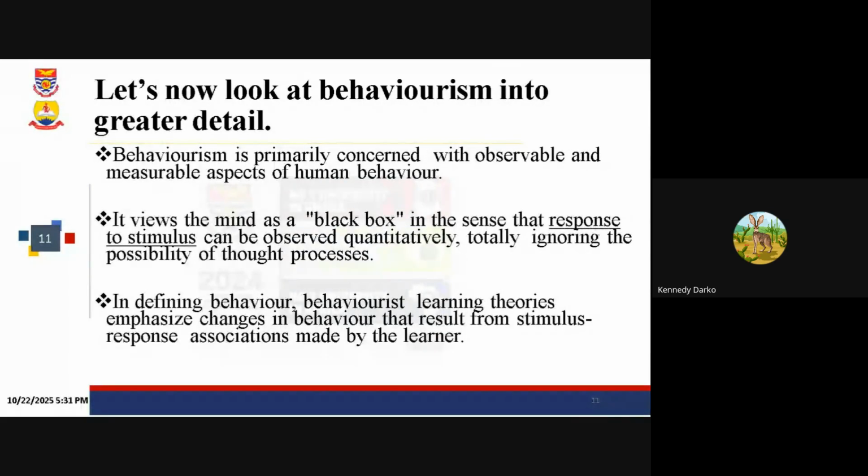Once a stimulus is there, a response will come. So that is the association that we have to keep in mind. As you are moving on, you get more information about that. So we are talking about stimulus-response association. All right.